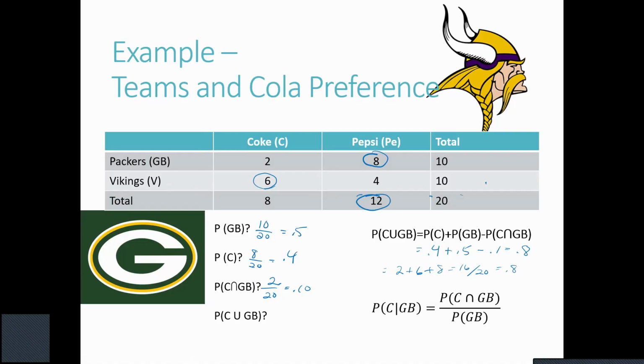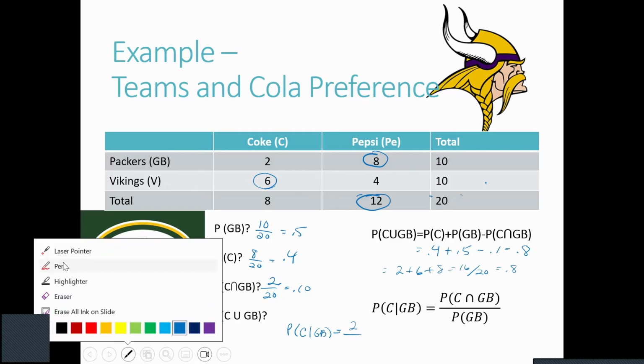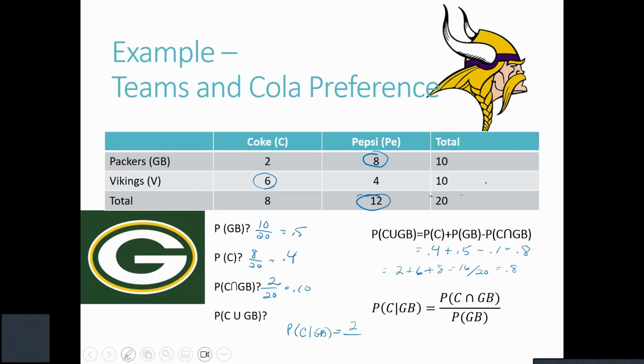Now, what's the probability that you like Coke given that you're a Green Bay fan? It's not very high. We could do this directly. So we could say probability of Coke given Green Bay, because we've got the table, is 2 people who like Coke out of the Green Bay fans. Now we're given that you're a Green Bay fan, and once we're given something, that means we're only allowed to look there.